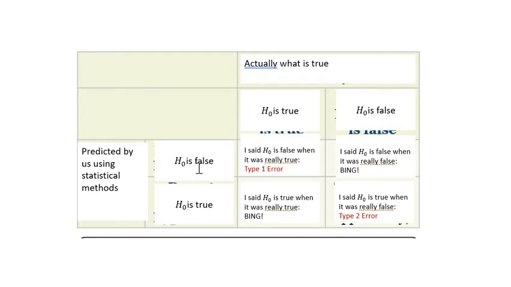And if I say that, so the fact is they don't have breast cancer, I said that they did have breast cancer, that's called a type 1 error. On the other hand, if I say that H0 is true when it was really false, they didn't have breast cancer, but they actually did, that's a type 2 error. And the other two are the actual correct things. And you want to pick your statistical test so that it ends up being correct probably.